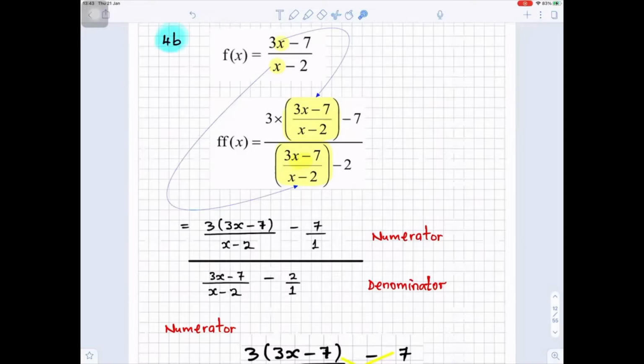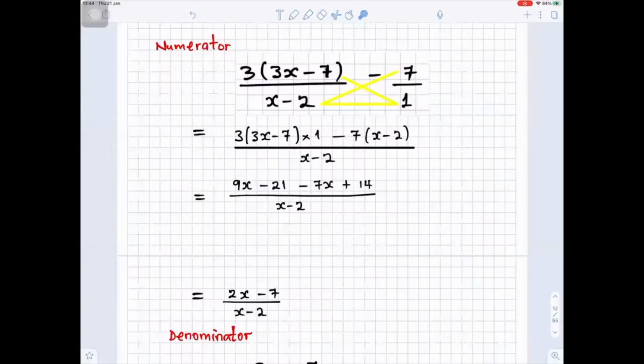Now we're going to do this type of question. Let's work with the numerator first, simplify it, and then simplify the denominator, and then put them together. So to do the numerator, we would cross multiply, follow those yellow lines. It will be 3 times 3x minus 7 times 1 is equal to minus 7 times x minus 2.